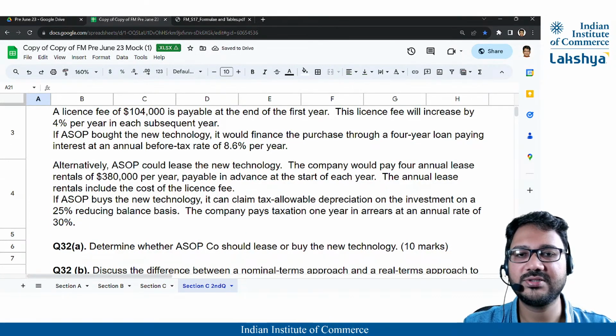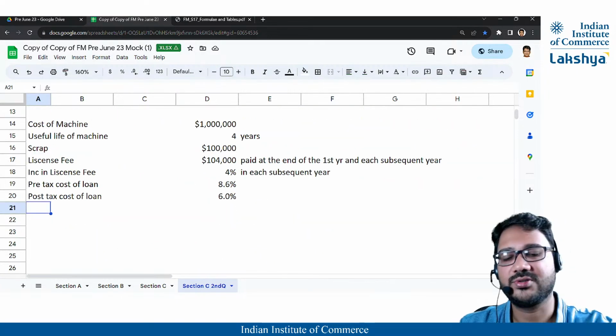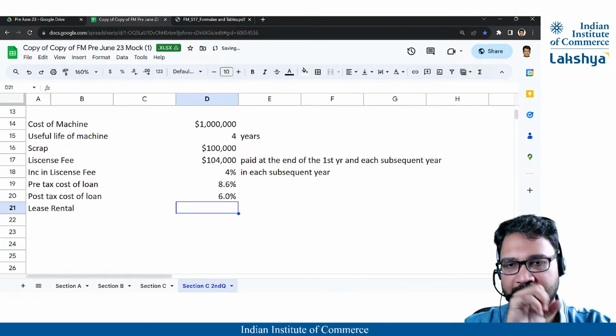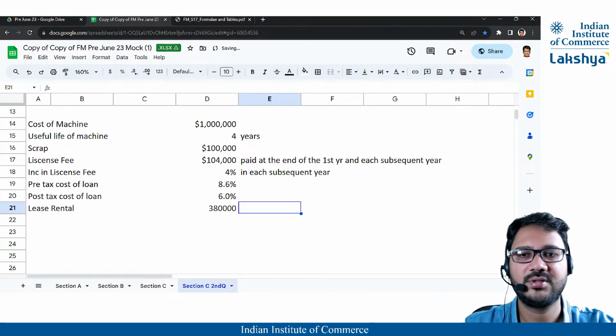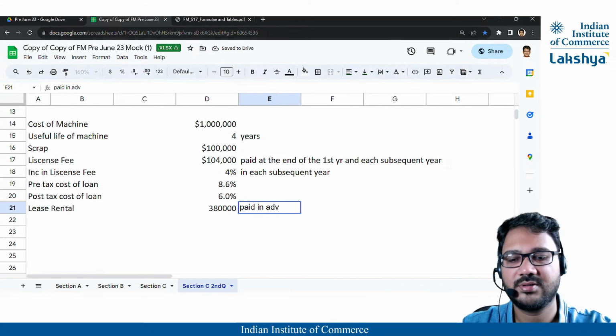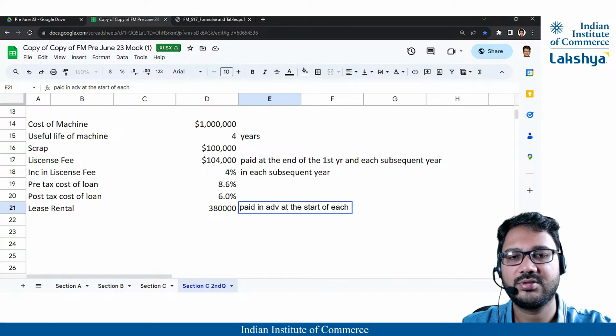Alternatively, ESOP can lease the new technology. The company would pay an annual lease rental of $380,000 per year, payable in advance at the start of each year. So lease rental is $380,000 paid in advance at the start of each year.